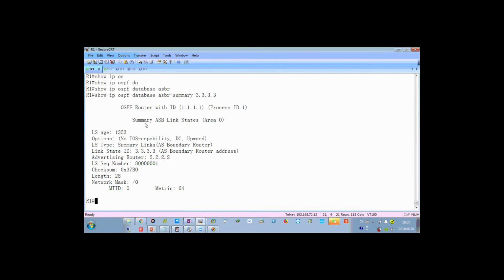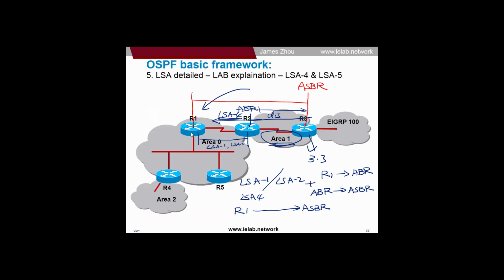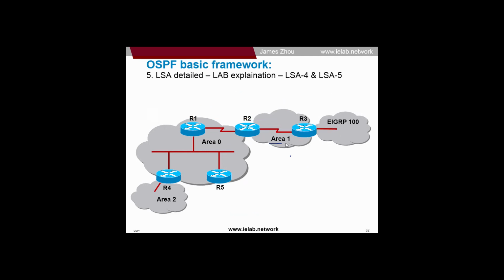So if you want to calculate the distance from me to the ASBR in this area, area 1, you do not need LSA4. Why not?